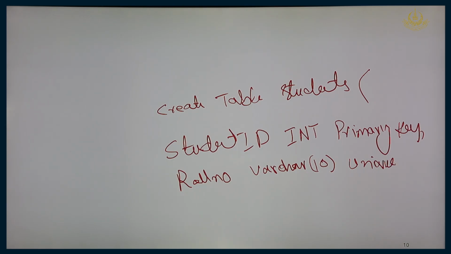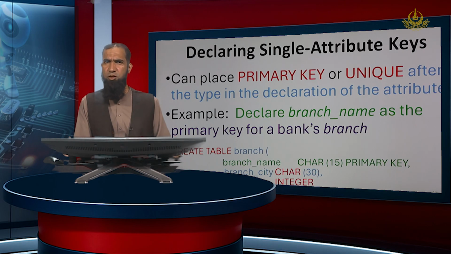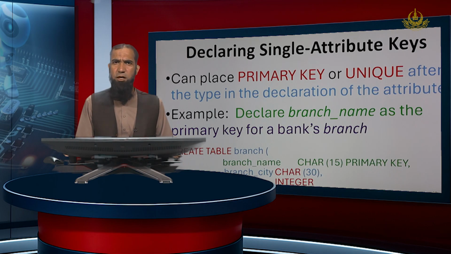If we leave it without unique, then it can't be enforced as unique. But in this case, the roll number can't be repeated, but it can be a null value. This ensures every student has a distinct student ID and roll number, but primary keys and unique constraints are fundamental to maintaining data integrity and avoiding redundancy.